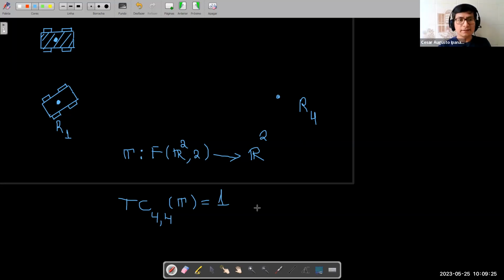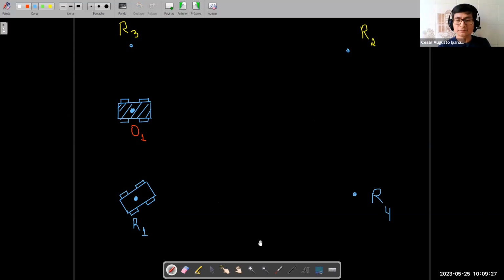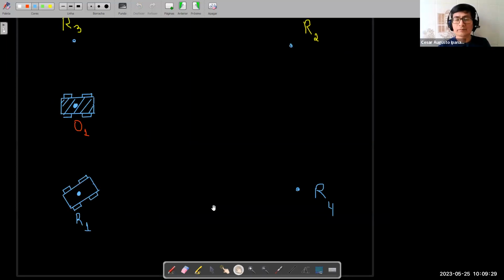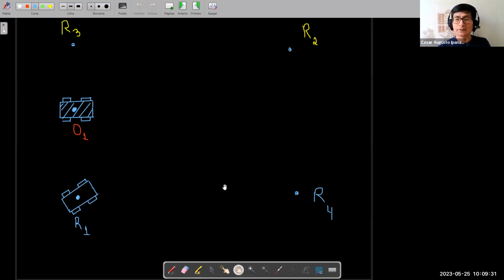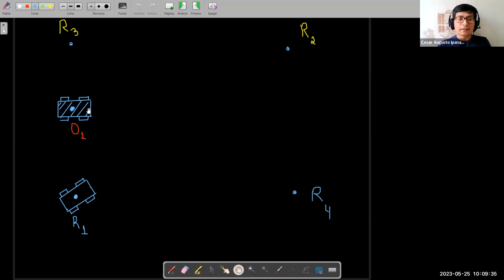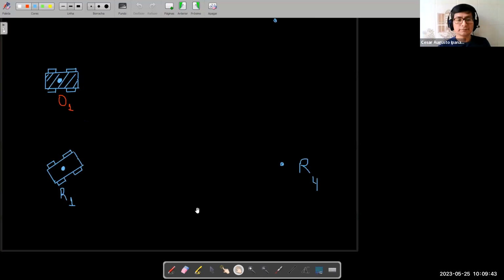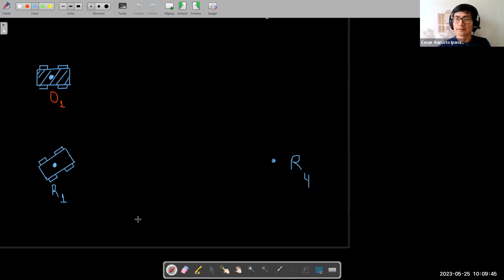In the second case, the complexity does not change if in the input of the algorithm we incorporate the initial position of the obstacle. The complexity coincides again with 1.